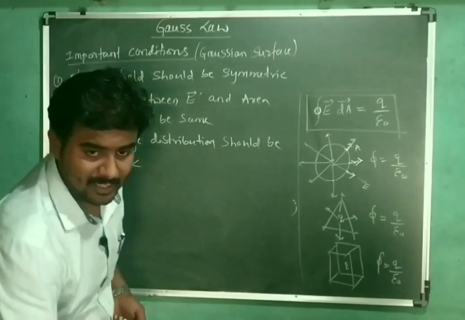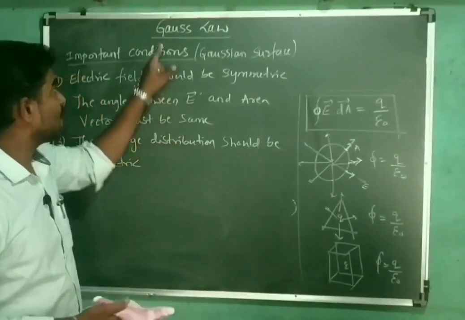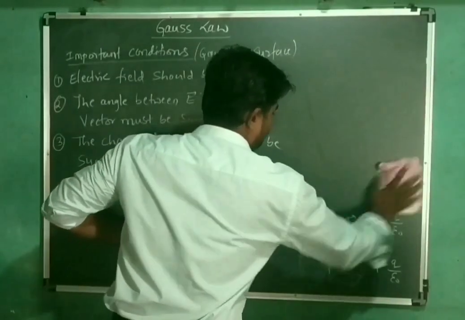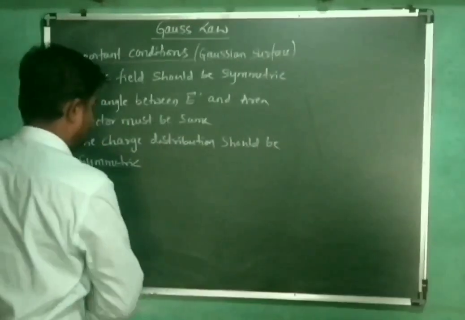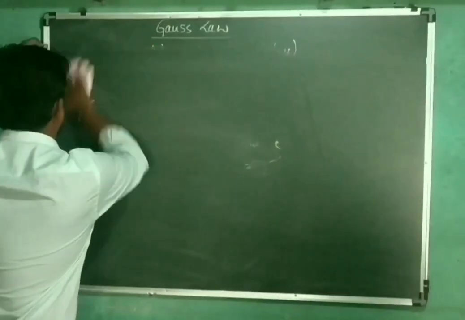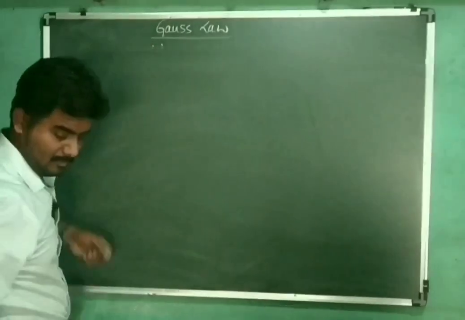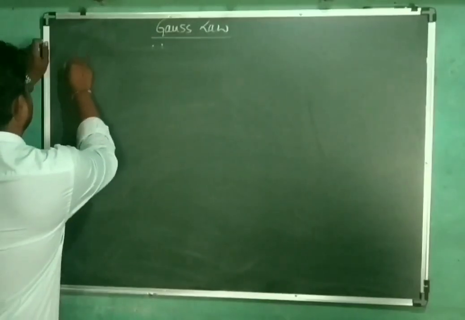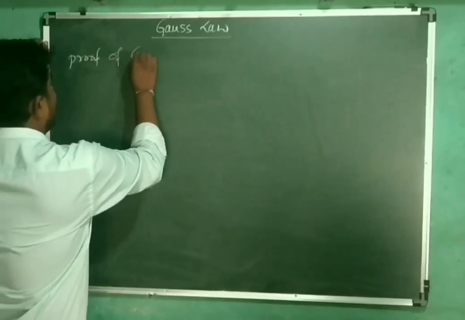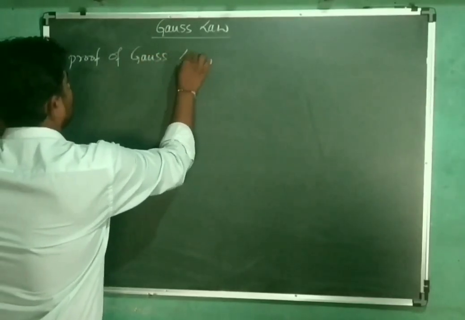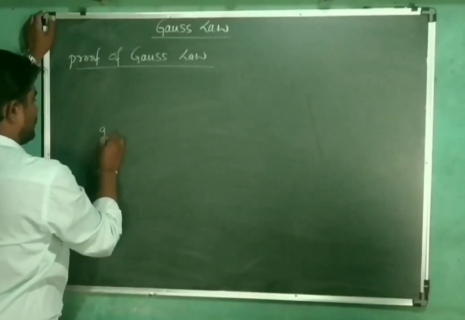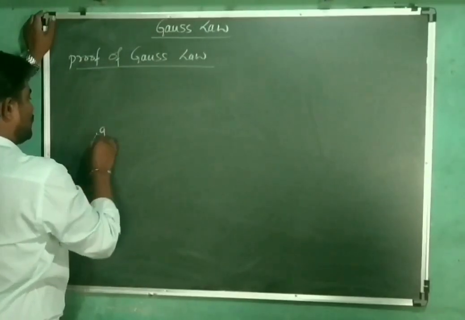Now let us discuss the proof of Gauss law. For this we shall consider a small charge, plus q.